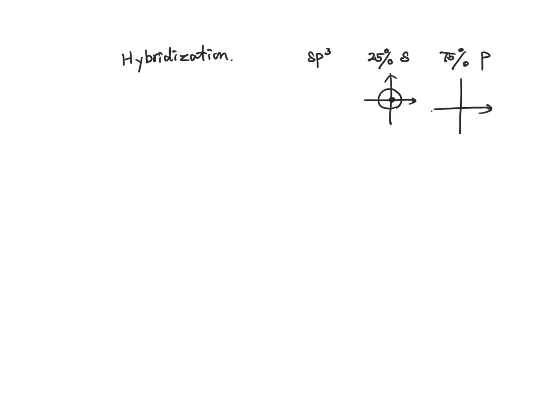If you look at the p orbital, I'm just arbitrarily drawing one, it's kind of away from the positively charged nucleus. If you move down to sp2, then sp2 will have 33% s character and 67% p character. If you go down to sp, you have 50% s character and 50% p character.